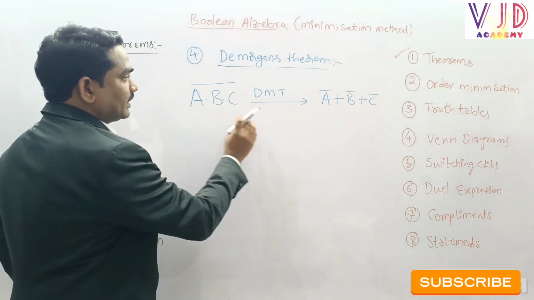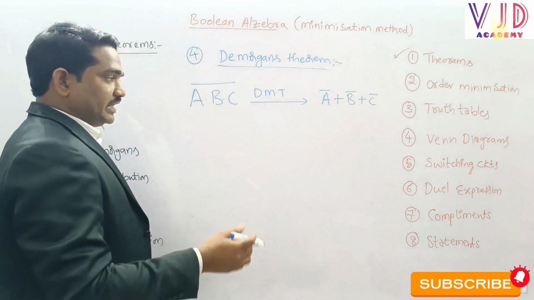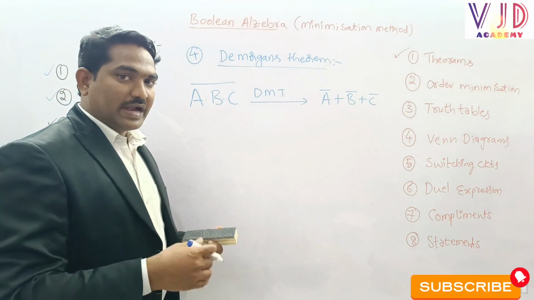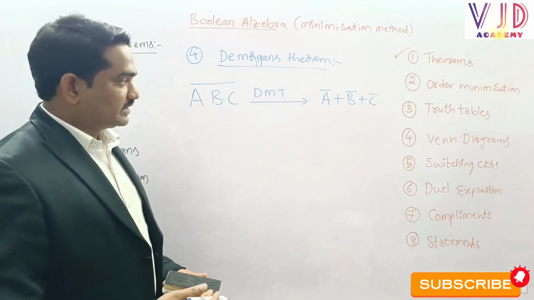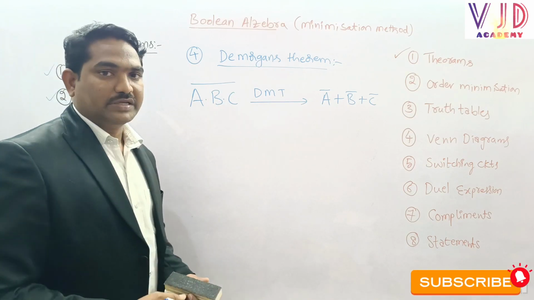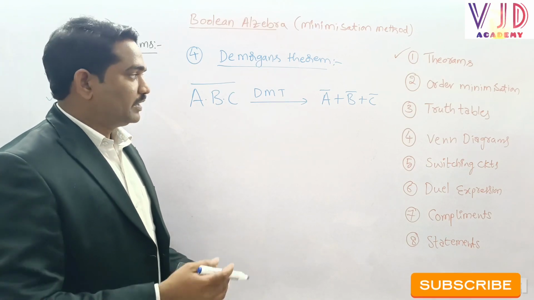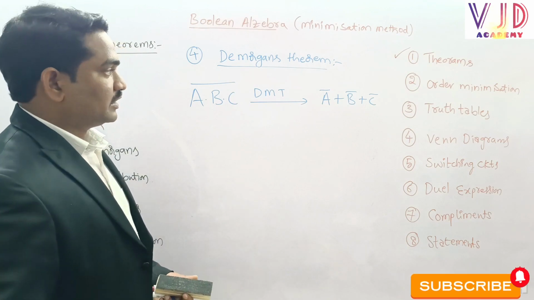This AND gate will become an OR gate, which means De Morgan's theorem converts AND gate to OR gate, or we can say SOP to POS, sum of product form to product of sum form.